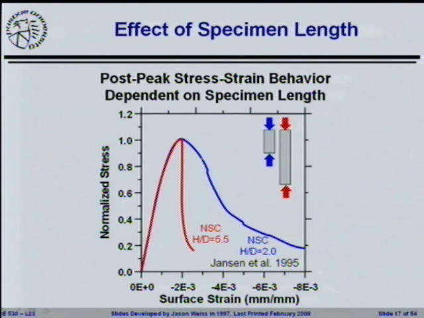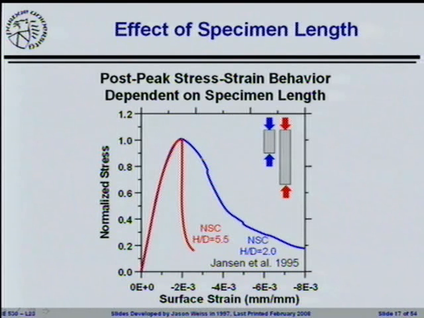Now, up until this point, you have been blissfully happy using the stress-strain response in all of your 473 types of problems, 573, 576, 671, oh my goodness, all that reinforced concrete design. But the stress-strain diagram that you are using depends upon the length of the sample that's being tested.